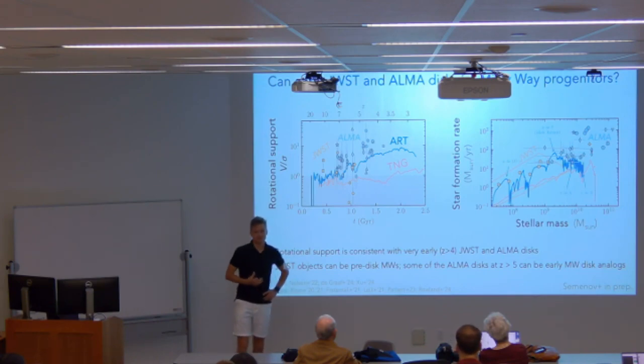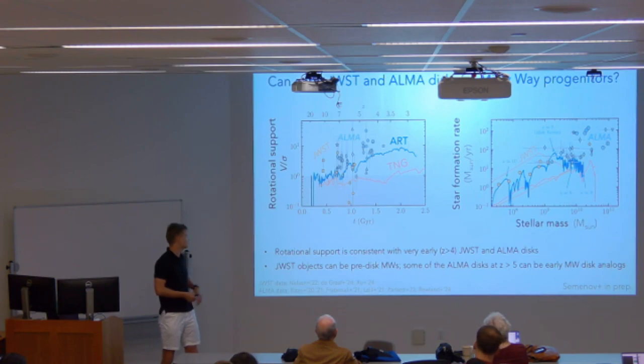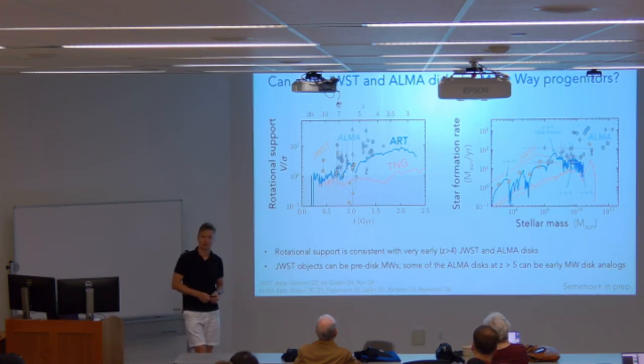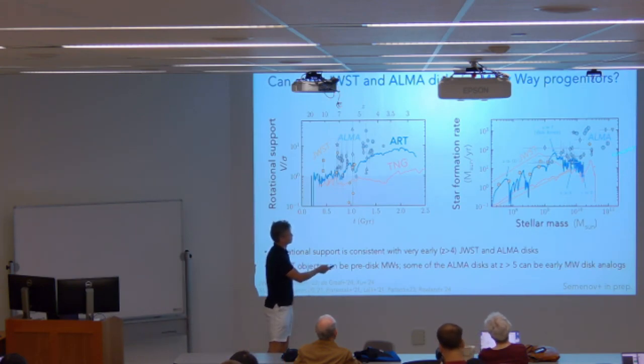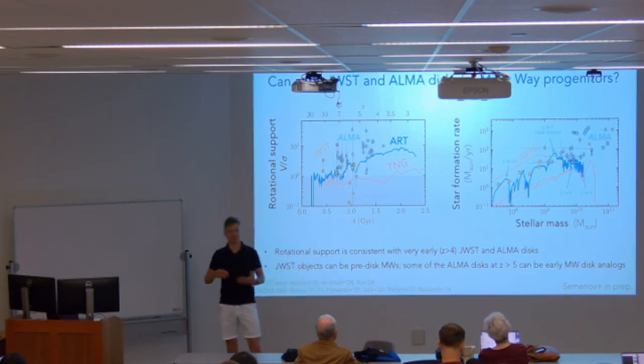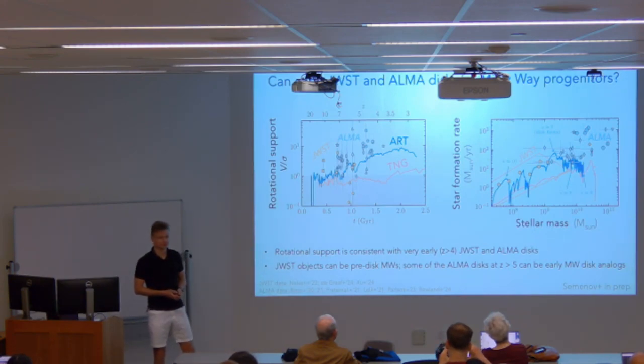It means that some of these early disks seen by ALMA and JWST can be progenitors of Milky Way-like systems at redshift 0, but it's only some of them, because there are also galaxies that are way too massive and star forming, so they will be progenitors of more massive early-type elliptical galaxies instead.